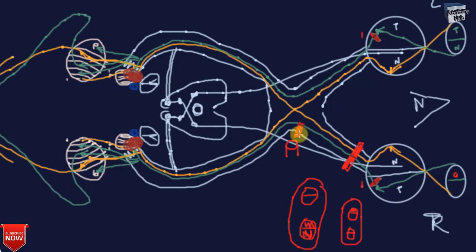Then what will happen? So if this is there, then what will happen? See, this is the area number 2. In area number 3, here we'll find the left side and here we'll find the right side. Then you just divide into the nasal and temporal.